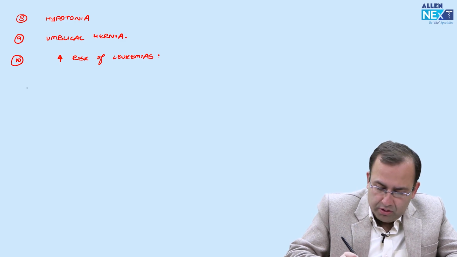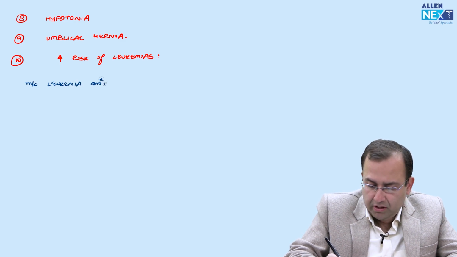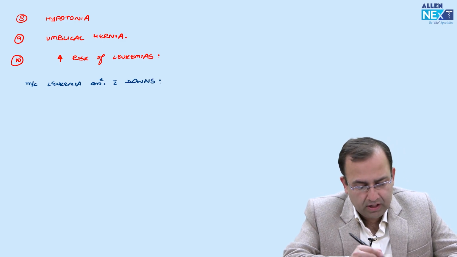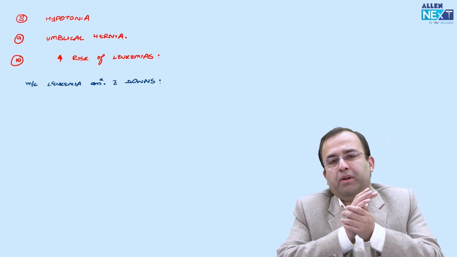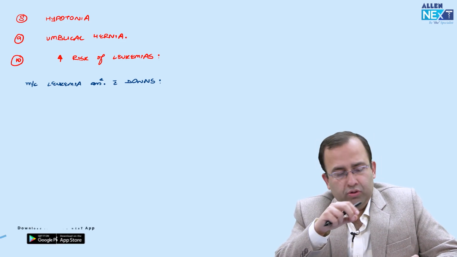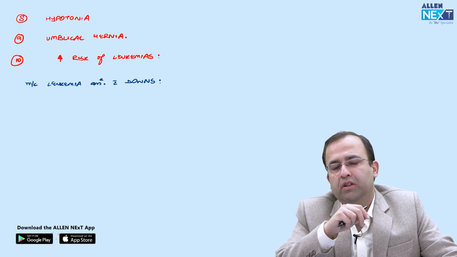Which is the most common leukemia associated with Downs? But you think before you answer this. We'll do this again when we study blood cancers or oncohemat. But first tell me this. Most common leukemia associated with Downs: AML M3, M5, M7, or ALL.